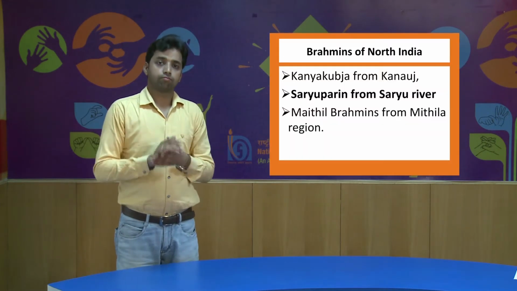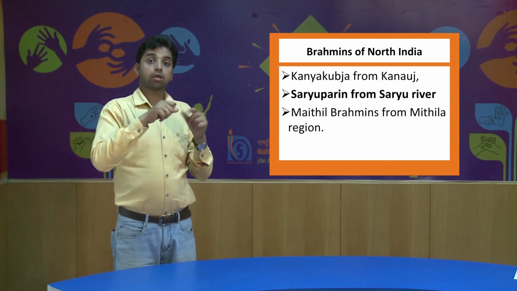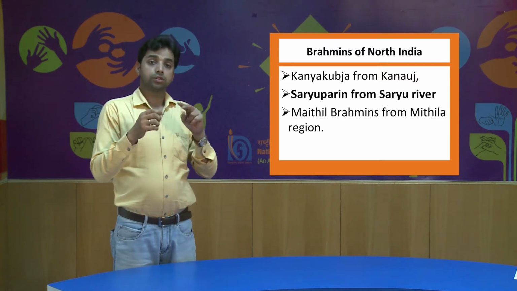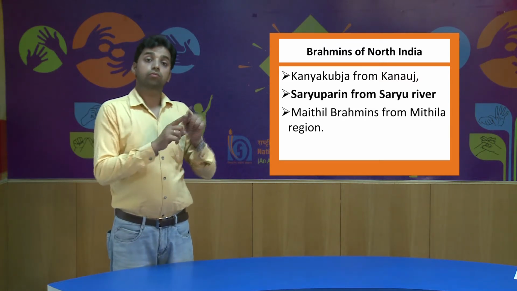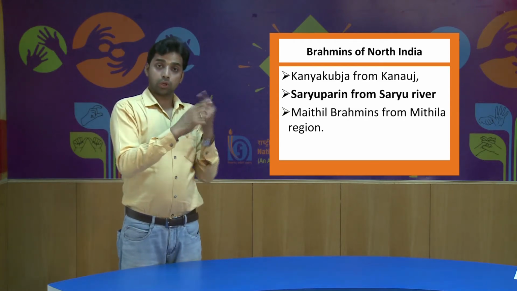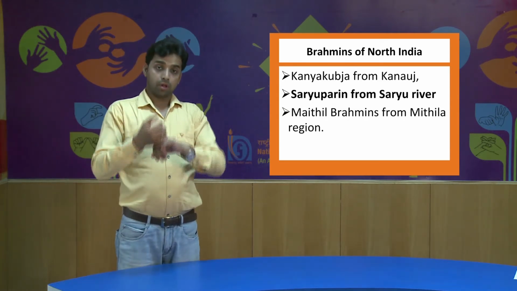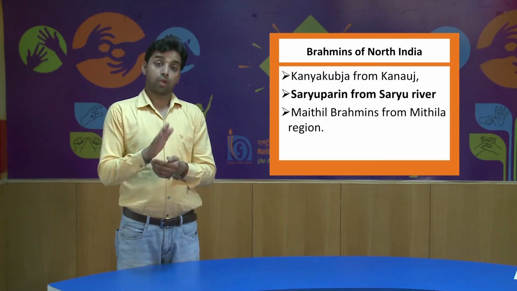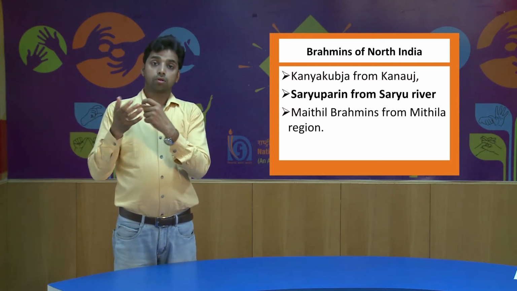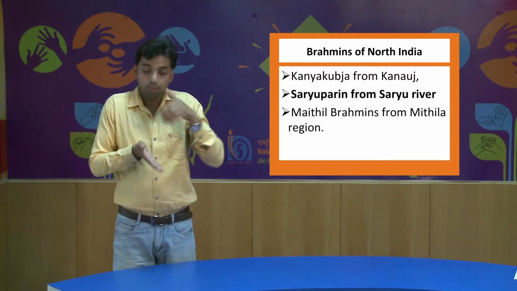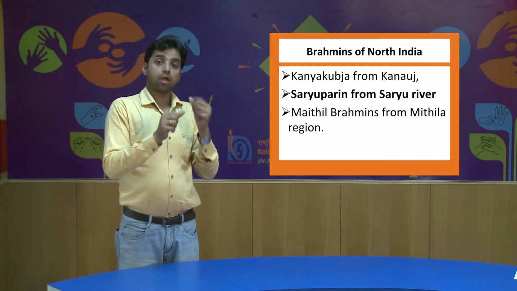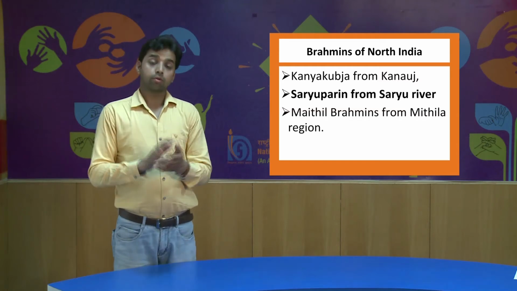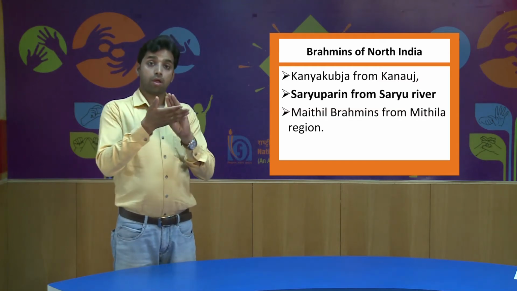For example, we have Kanyakubja from Kanauj, Saryuparin from Saryu river and Maithil Brahmins from Mithila region.